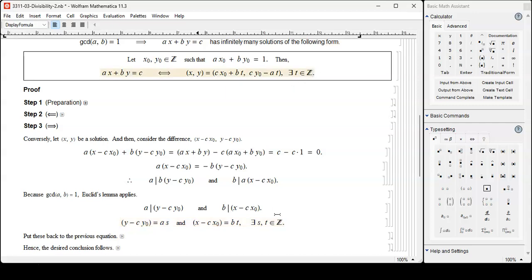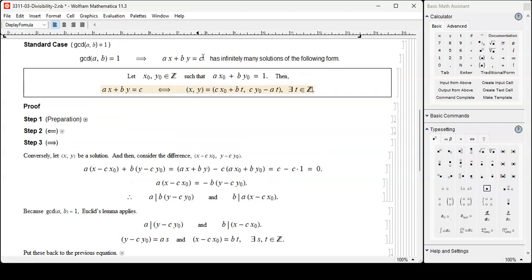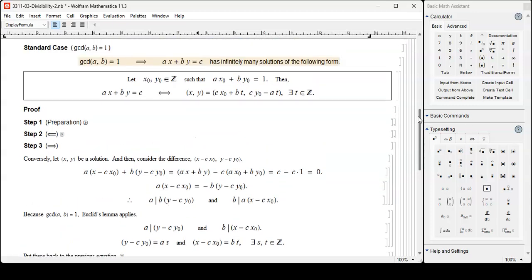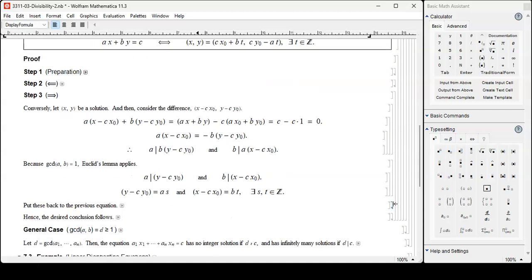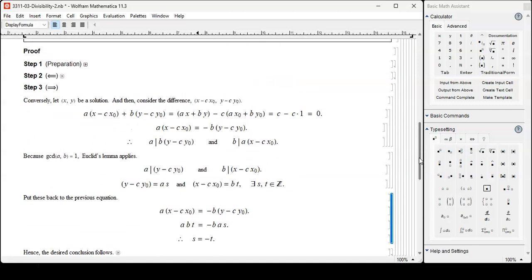Can we do that? Bring those back into the original equation here. Let's find some relation between A and B. Let's find some relation between S and T. We ended up with S is negative T.